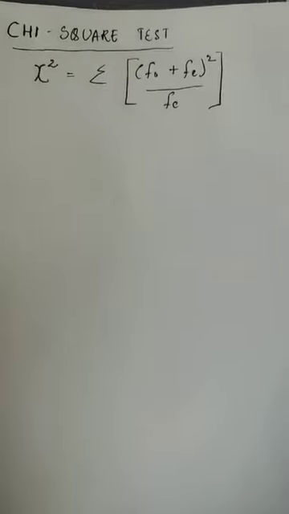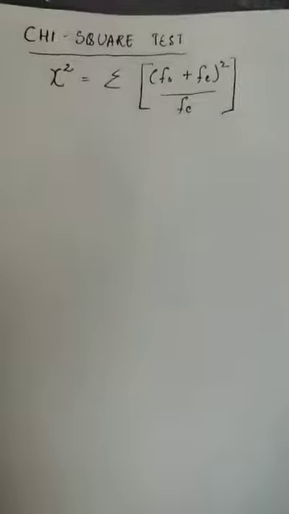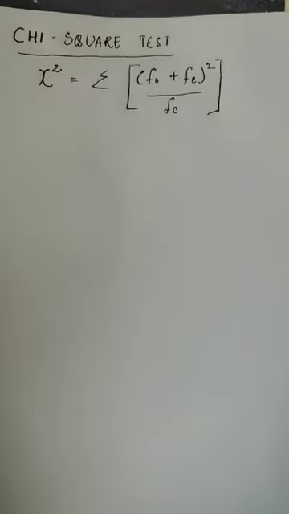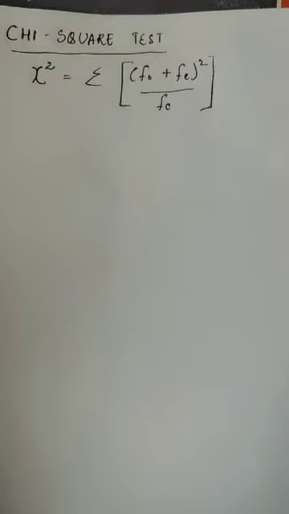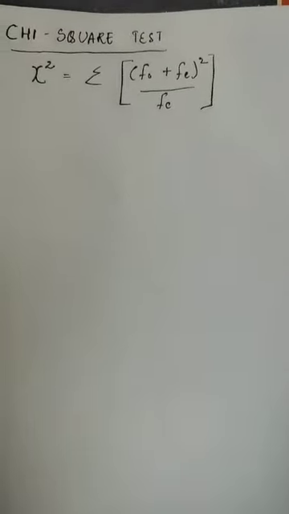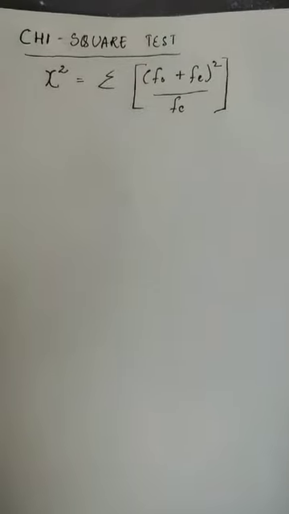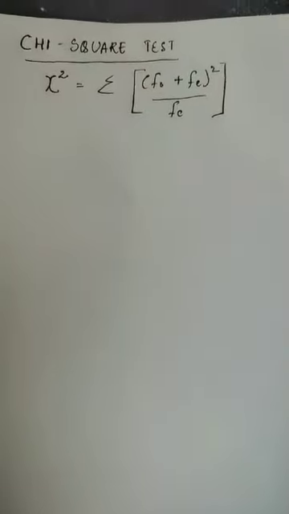Good afternoon, everyone. Today we will learn about the chi-square test, which is one of the non-parametric statistical tests. A chi-square test is used as a test of significance when we have data that are given in terms of frequency.